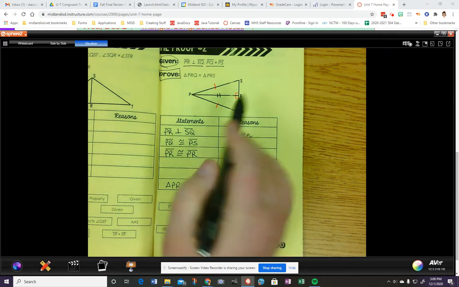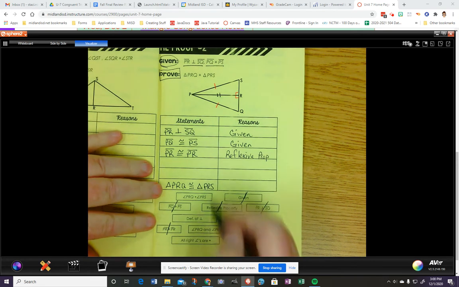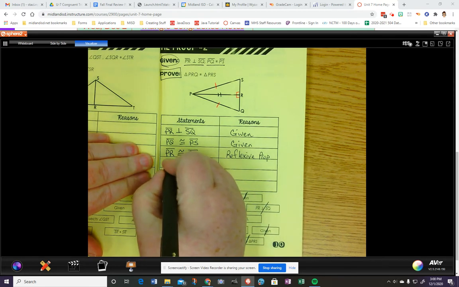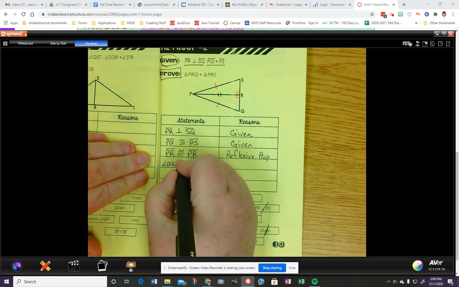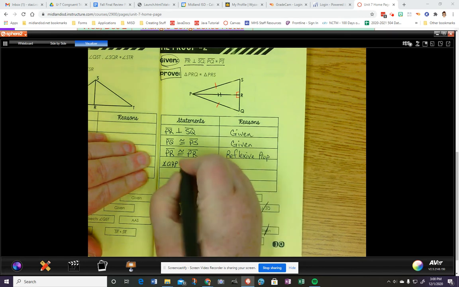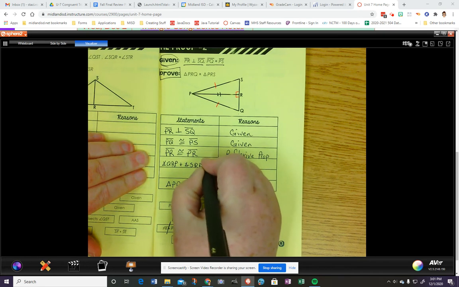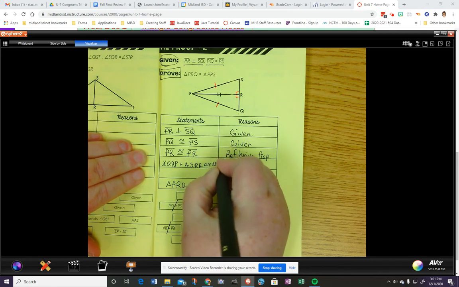And what do we know about right angles? Oh, perpendicular lines make what? Right angles. So angle QRP and angle SRP are right angles.